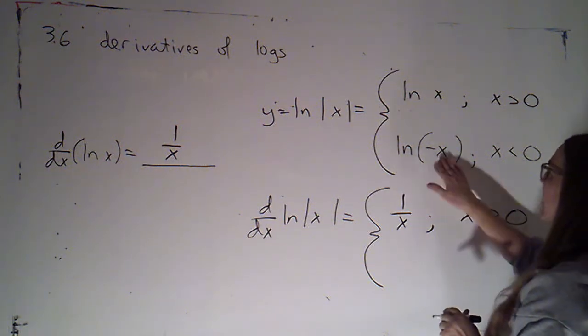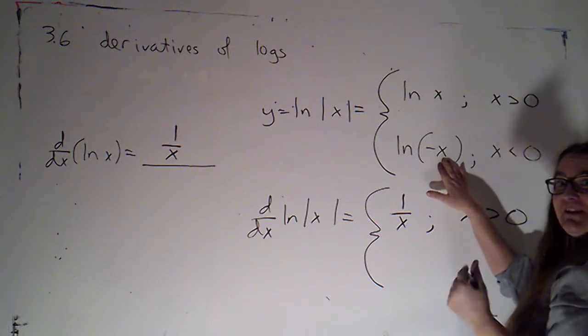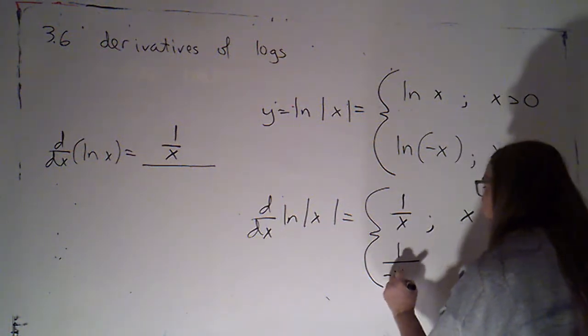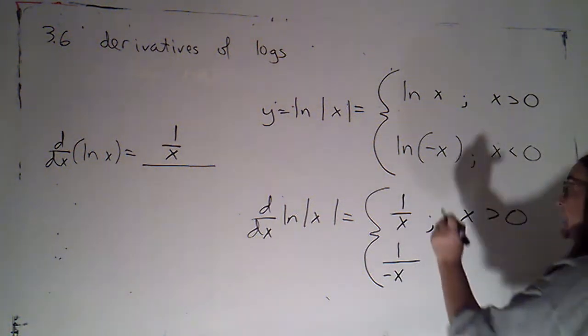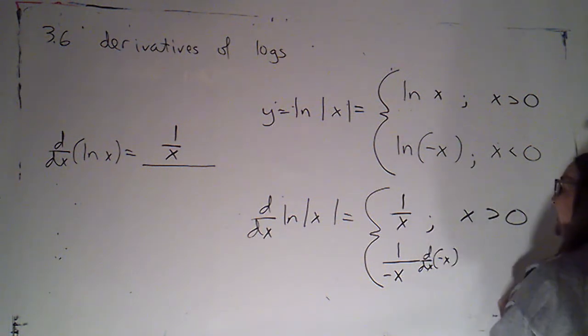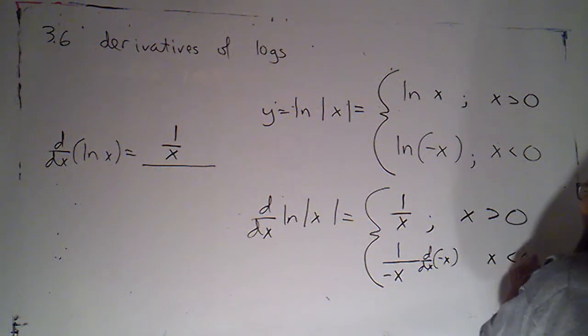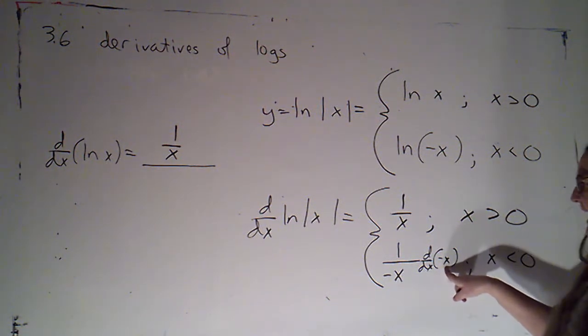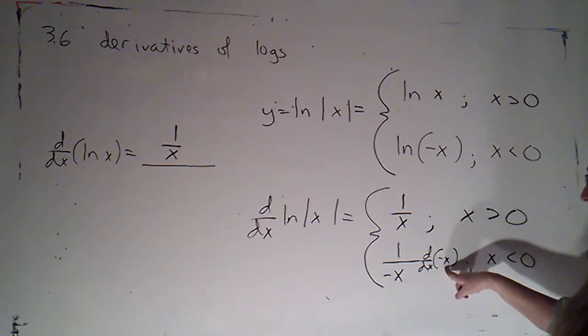I've got the natural log evaluated at negative x. So when I take the derivative, I'll get the reciprocal of negative x times the derivative of negative x. That's what I get if x is less than 0. But the derivative of negative x is just negative 1.